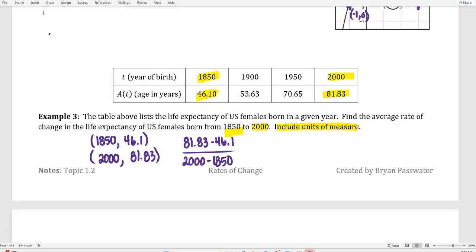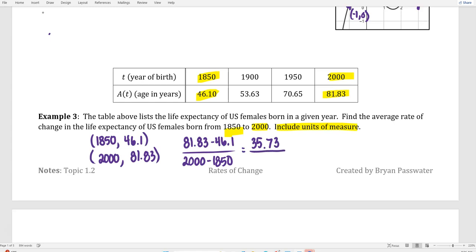I don't know if they're going to give this to you without a calculator or not. I feel like they probably wouldn't. So I'll just give you the answer here. 81.83 minus 46.1 is going to give you 35.73.